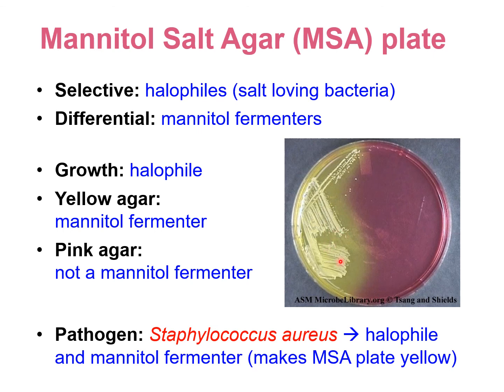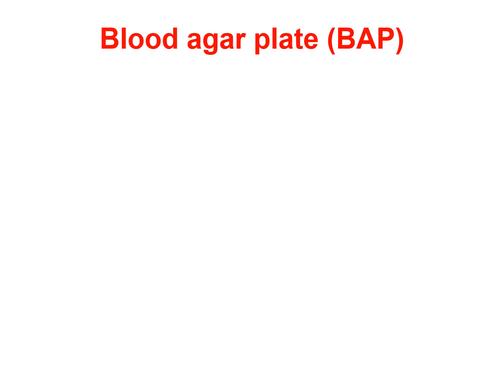That's not a good indication, because if the plate turns yellow, this tells you that you might have a pathogenic bacteria such as Staphylococcus aureus cultured on it. Of course, if you're working with an unknown and your mannitol salt agar turns yellow, you can't be 100% sure that it is Staphylococcus aureus, but that's a possibility. You have to do more tests.